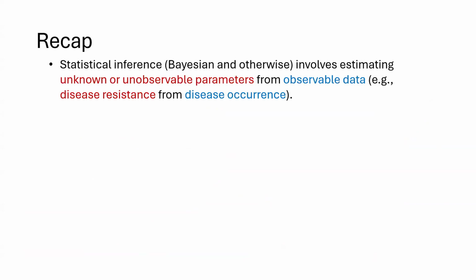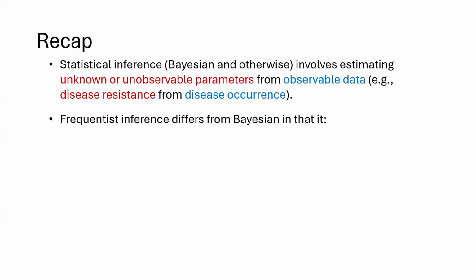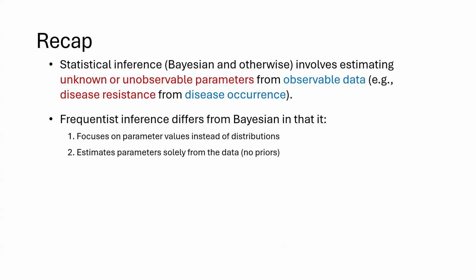Statistical inference, Bayesian and otherwise, involves estimating unknown or unobservable parameters from observable data, such as estimating disease resistance from disease occurrence. Frequentist inference differs from Bayesian inference in that it focuses on parameter values instead of distributions. It estimates parameters solely from data.